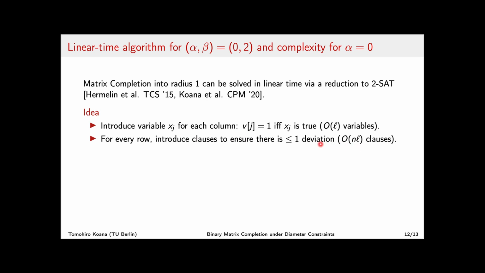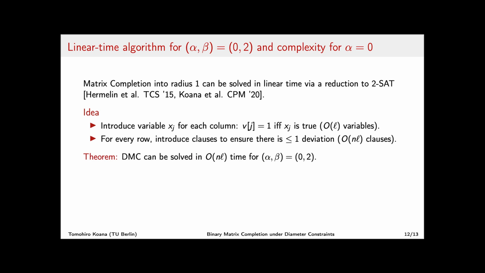So in total, we are going to have big O of n times L clauses. So since 2SAT can be solved in linear time, we have that the DMC, diameter matrix completion, can also be solved in linear time when alpha is equal to 0 and beta is equal to 2.